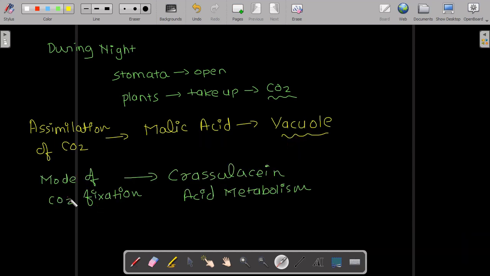Now this mode of carbon dioxide fixation is known as crassulacean acid metabolism.